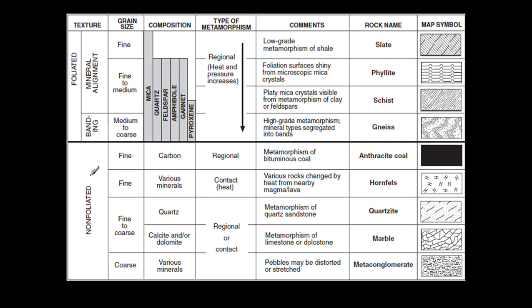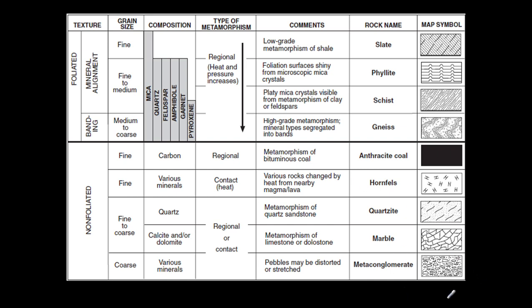Again, this is not really going to help us, so we're going to cross out this column. All right, but what does carbon look like? Carbon is a black mineral, right? Black mineral, only formed during regional metamorphism, and it is the metamorphism of bituminous coal, which, if you remember back, was a sedimentary rock.